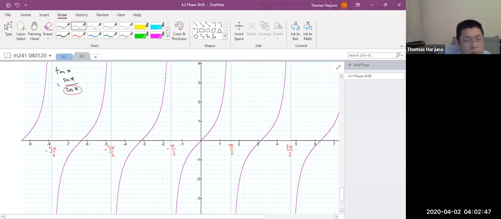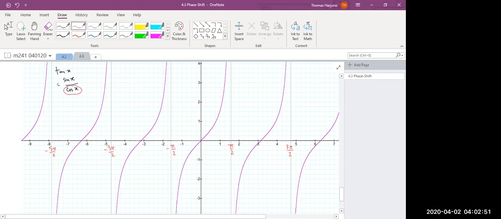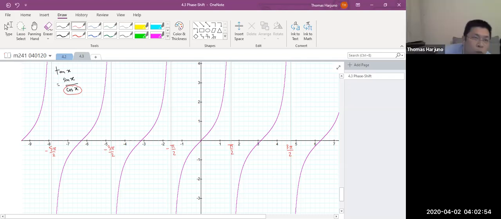Can you follow me? Yes. Okay, so the domain of tangent is all real numbers except the places where cosine x equals 0. Now, if we look back, the domain of sine and cosine are all real numbers.